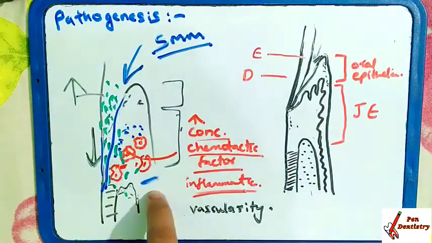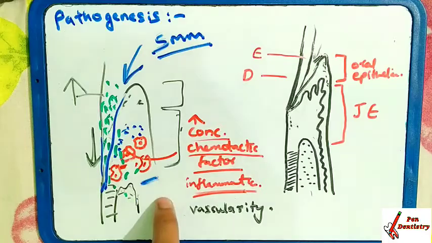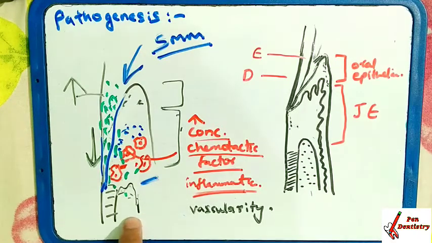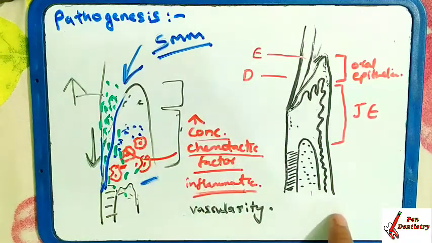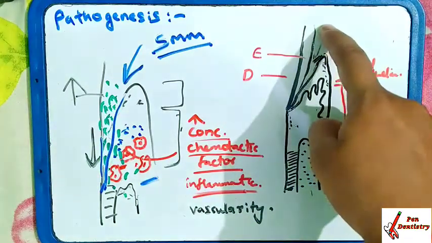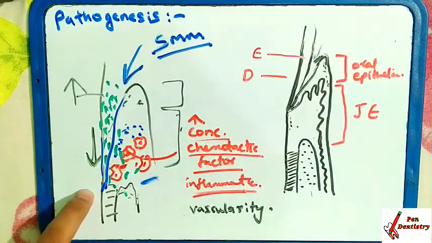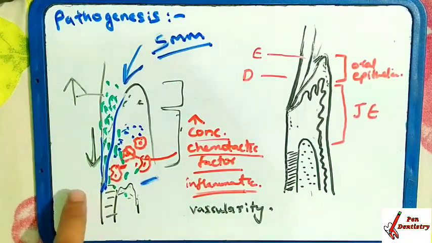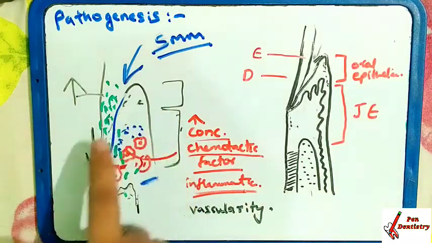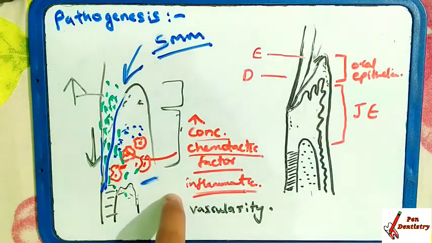At that time the periodontal pocket has formed, and if you take the OPG or IOPA, there will be bone loss seen at that region. So this is the pathogenesis of the periodontal pocket, from the supragingival bacteria up to the bacteria proliferating in the subgingival region and doing all the destruction at these regions.